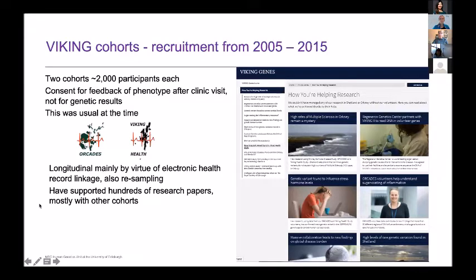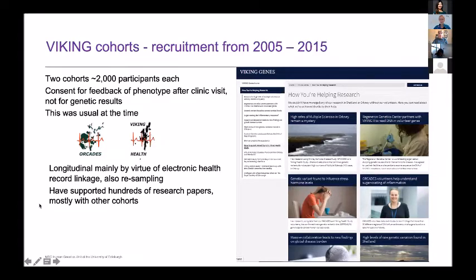And this was really usual practice at the time, as I say, up till 2015. And these cohorts become longitudinal mainly by virtue of the electronic health record linkage that we have. So we can follow health trajectories over time. And we also are able to do some resampling, and we plan to do that shortly.